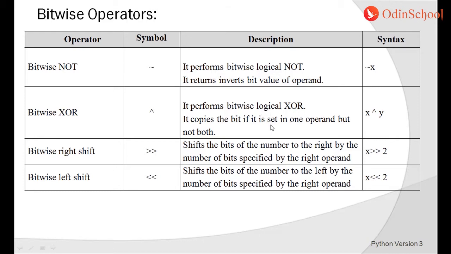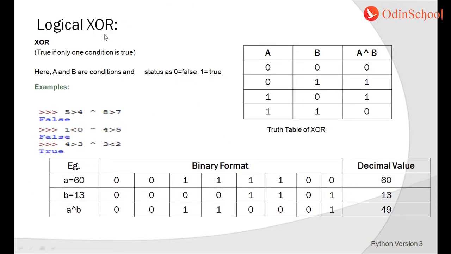It copies the bit if it is set in one operand but not both. Here you can see in the logical XOR, if 0 0 then 0, if 1 1 then 0. Only it's true when any one condition is true, but the other condition would be false.